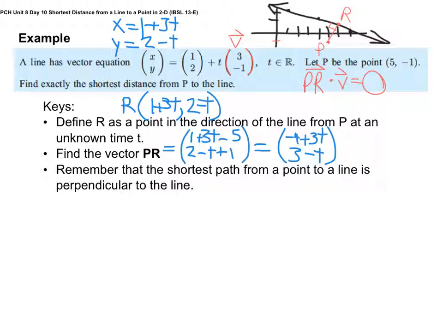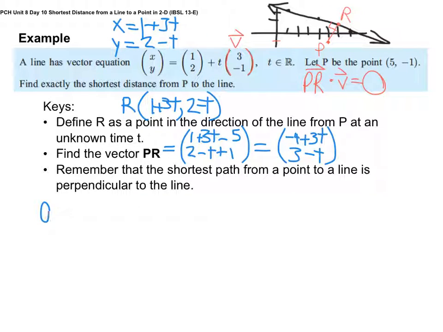So now we've done the hard part. At this point, we already know what equation we need to use. Now we just need to use it and interpret our answer. Alright, so let's actually do our equation.